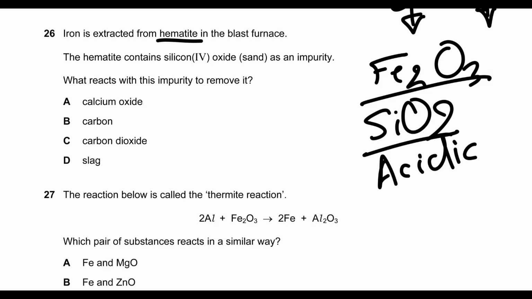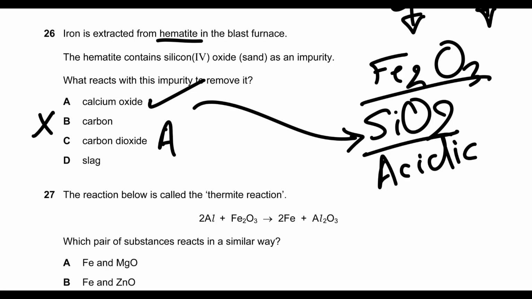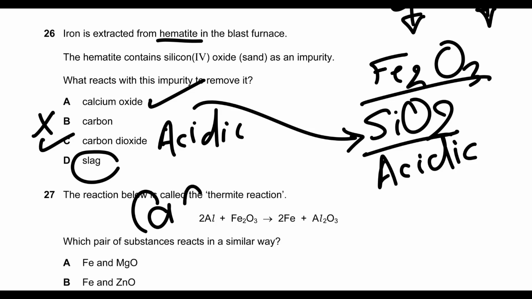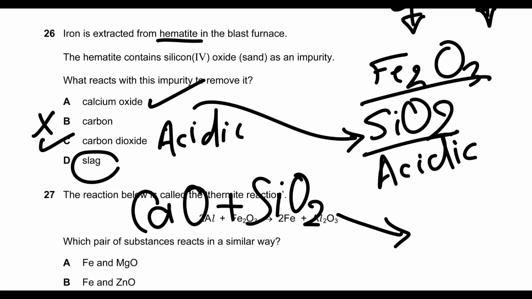Calcium oxide, is it a metal oxide? Yes, so it fits to react with this one. Carbon doesn't work here. Carbon dioxide is an oxide of carbon, that means another acidic oxide, so this one doesn't work. Slag is the product of the reaction of calcium oxide plus silicon oxide.